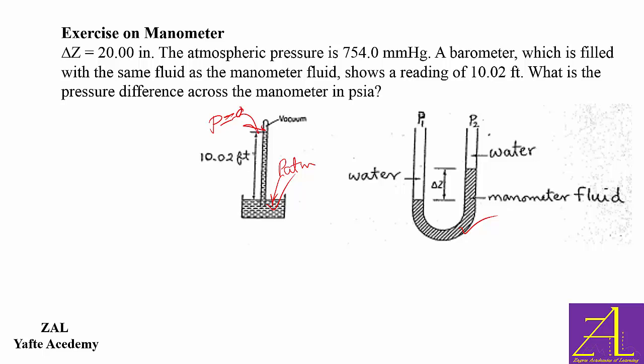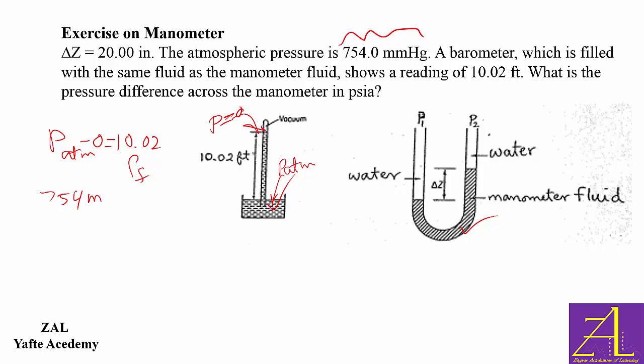This is how a barometer works. So for the barometer, P atmosphere minus 0 would be equal to 10.02 height of manometer fluid, which has got the density rho f. And in the problem it says that atmospheric pressure is 754 millimeter of mercury.